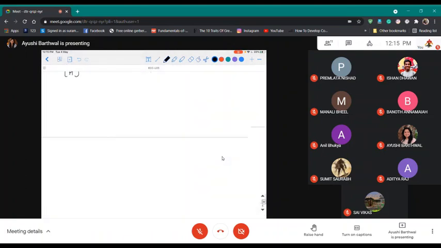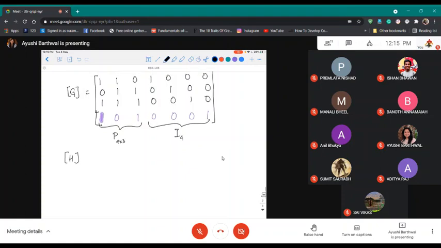Use both the methods. If I want to find it directly, the order of the H matrix would be n minus k cross n. I'll write it as I n minus k, which is I3, colon P transpose, 3 cross 4.